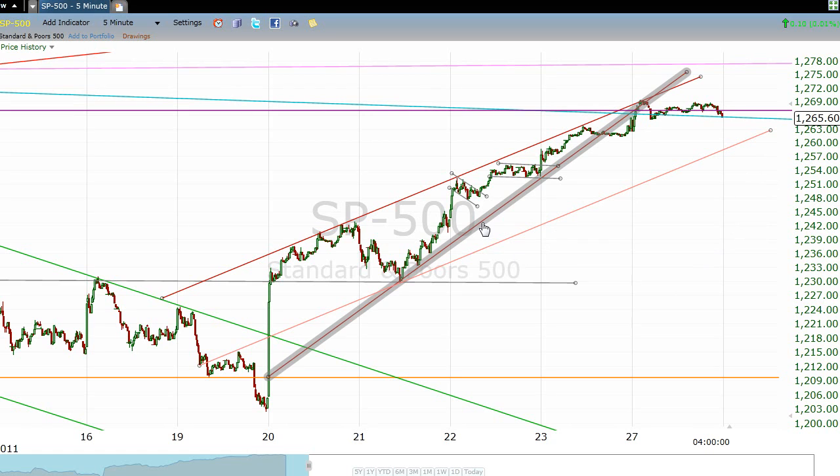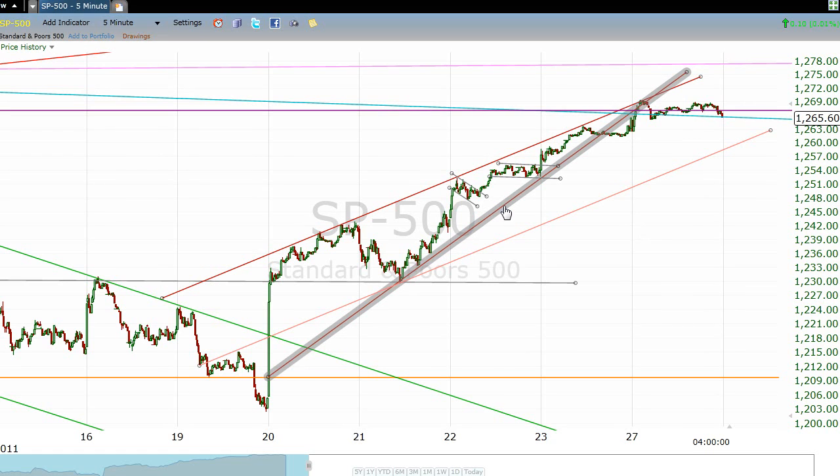Now, as we look at the past 5 days, you can see that this top line was validated once again with today's trading early on, turning the S&P back from that 1269 level. This rising line right here, it's a little odd because you can see where the S&P just kind of scooted sideways of that line, rallied up to this top line, and then started going sideways again.